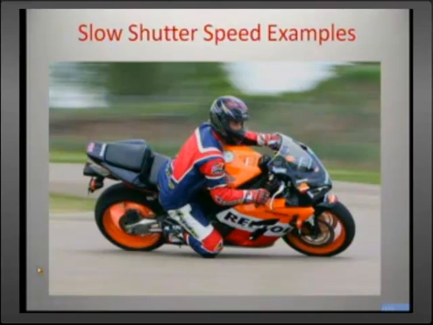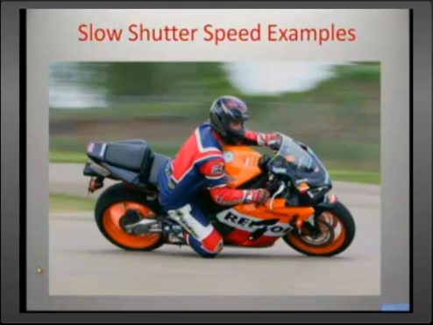And as long as the motion of your camera is keeping with the motion of the motorcycle racer in this case, then you're following the action. So the slow shutter speed and the motorcycle keep up with each other, making that the sharp part of the photograph, or at least the sharper part of the photograph, while the stationary background becomes blurred.